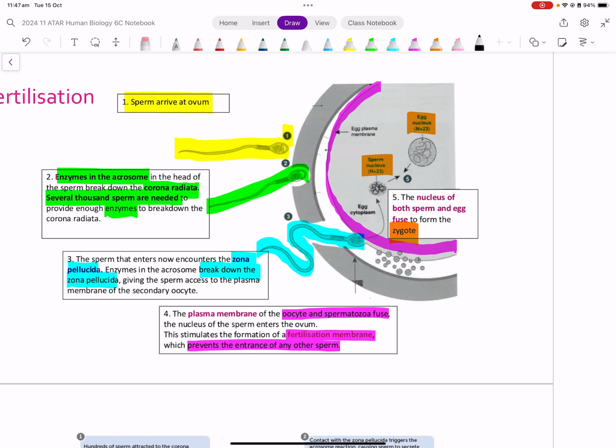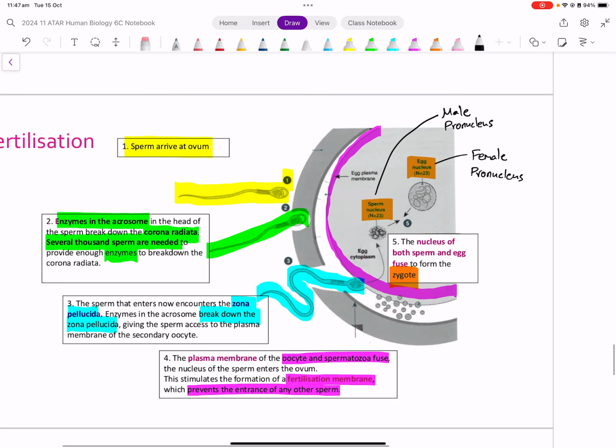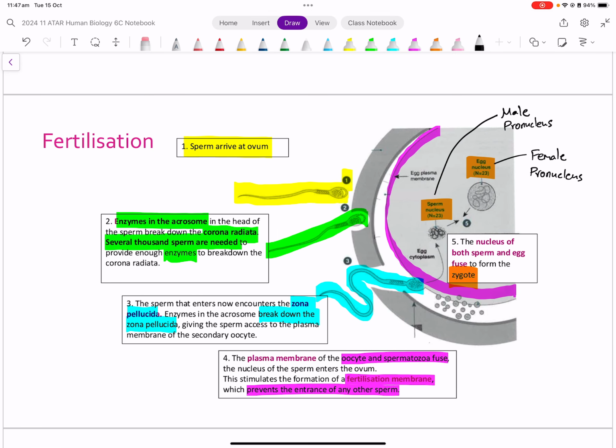What these can also be known as is the egg nucleus may be known as the female pronucleus or pronuclei, and in the instance of the sperm nucleus, that will be known as the male pronucleus or male pronuclei. So that there shows and depicts the process of fertilization and the formation of a zygote.